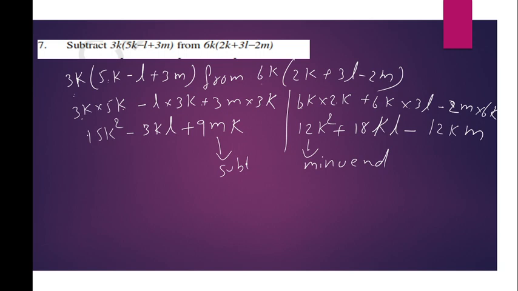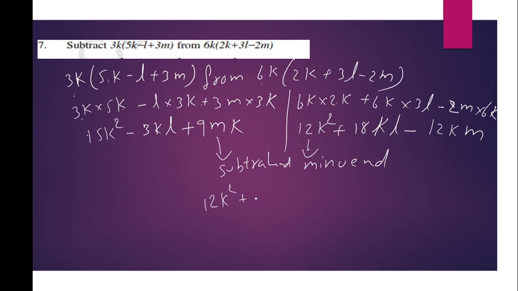Now we will write these terms. 12k square plus 18kl minus 12km, 15k square minus 3kl plus 9km.